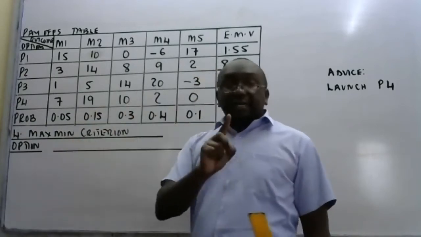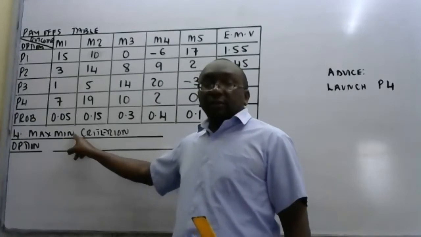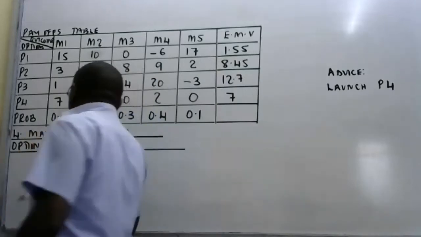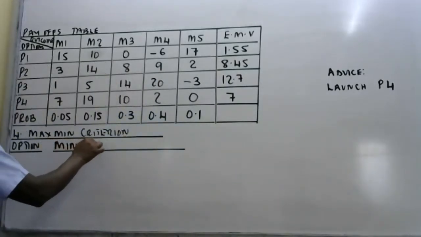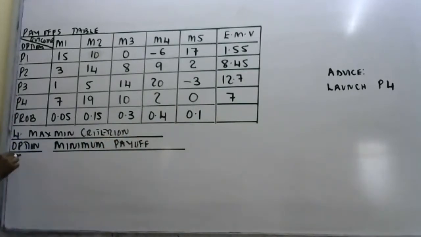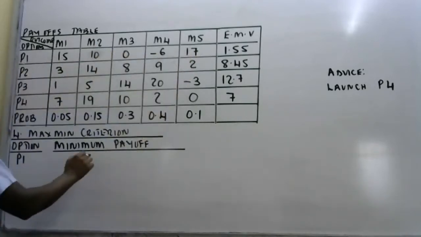So you extract the minimums. We are going to extract the minimum payoffs. So here I will have minimum payoff. In option P1, when you run through here, the minimum is -6.